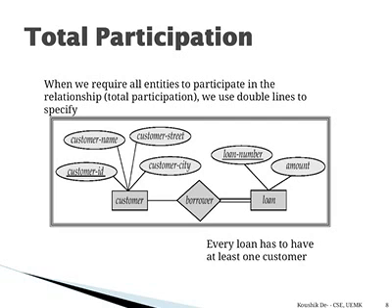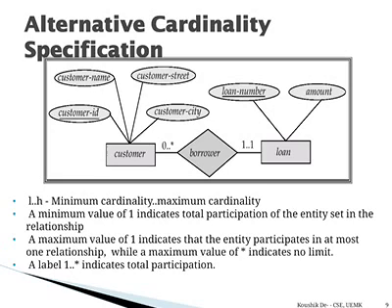We can understand this, just see the example. If there are two entity types, customer and product, then each customer can buy more than one product, and a product can be bought by many different customers.